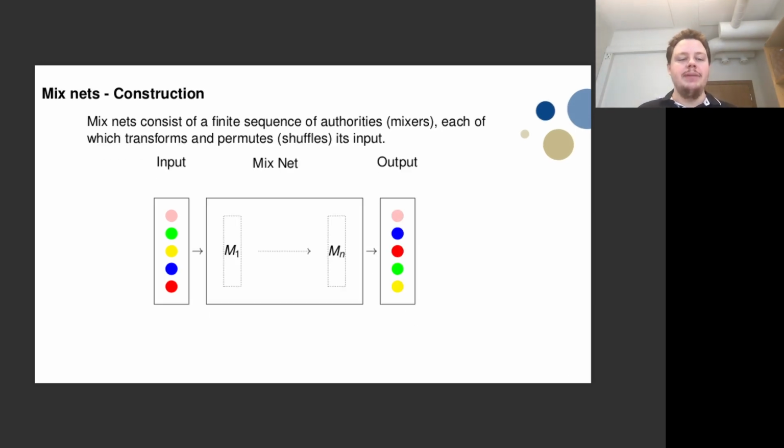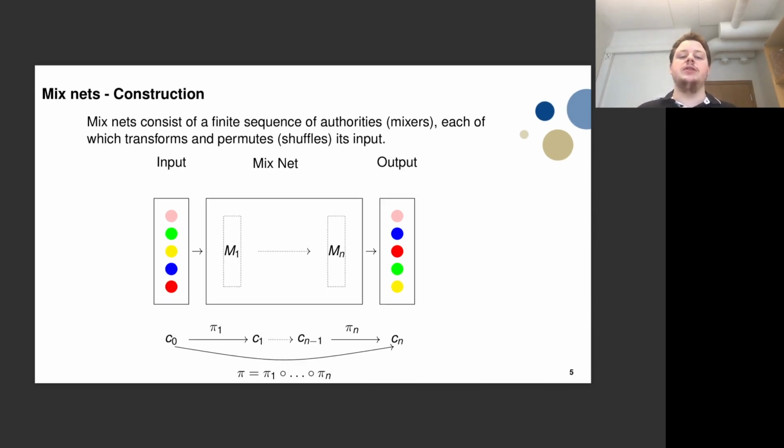What's actually happening underneath is that we have a sequence of authorities who are each in their turn permuting and then re-encrypting the ciphertexts, and so on, until eventually our output is, or at least should be, the product of all of the permutations that the individual mixes used. So this is how we can make this work.